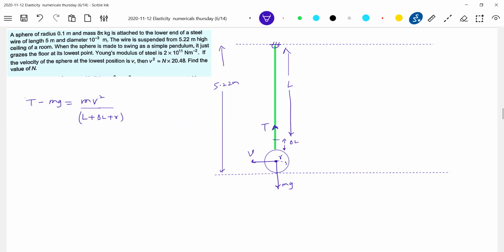Okay, keep this. So what is our question? We have to calculate v square. We don't know delta L, and we don't know the tension. But what is 5.22 meter? It should be equal to L plus delta L plus 2R, am I right?